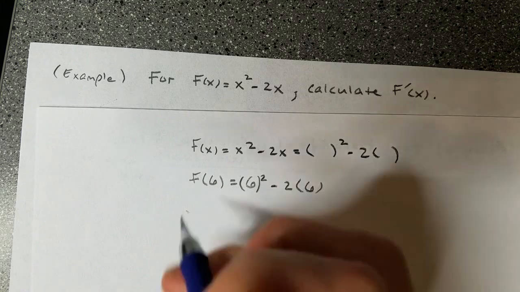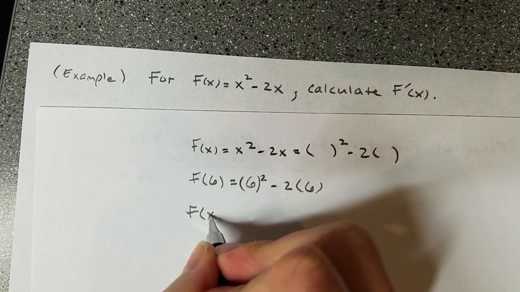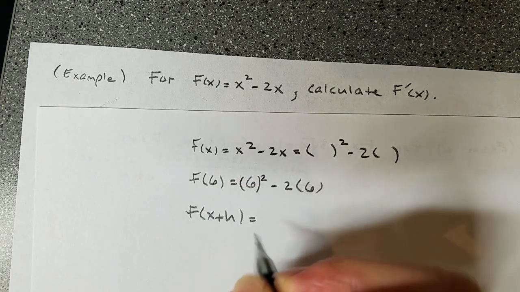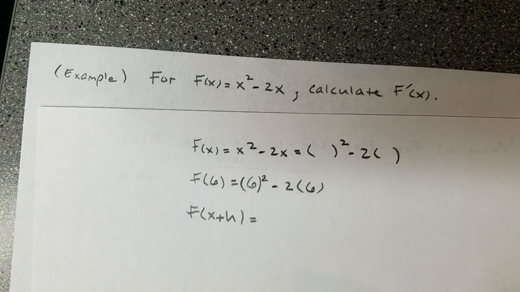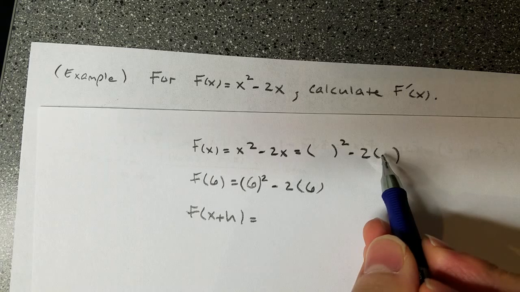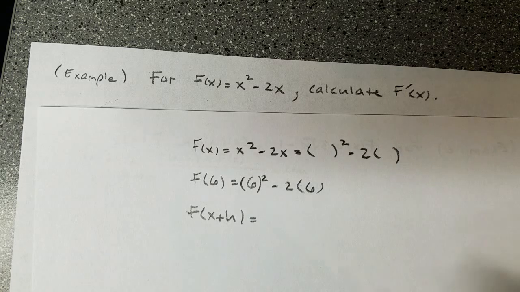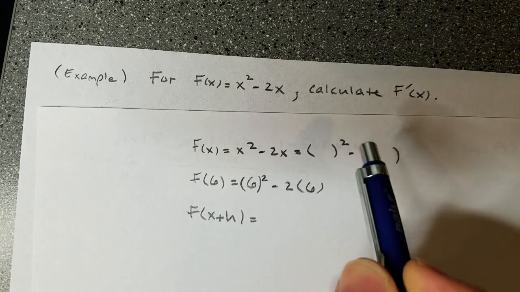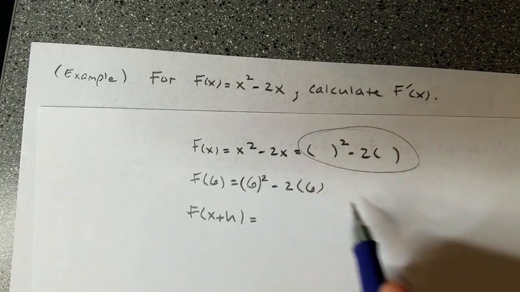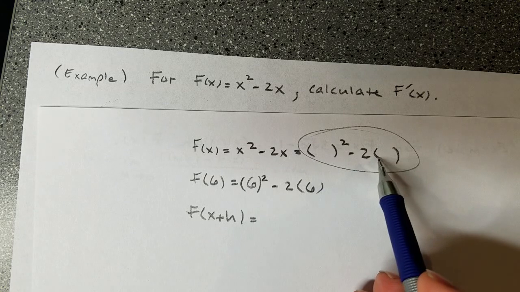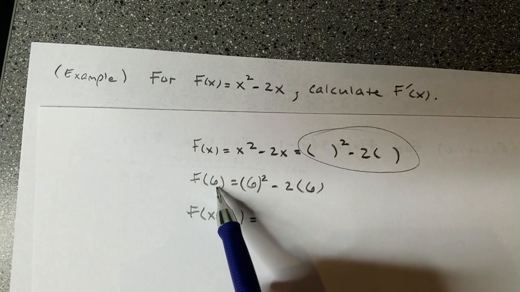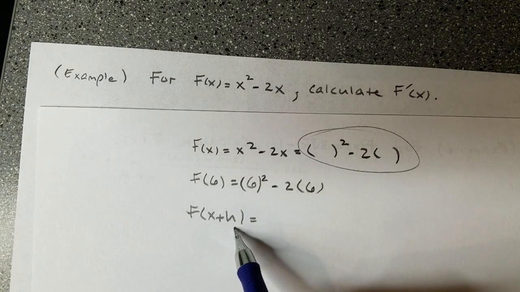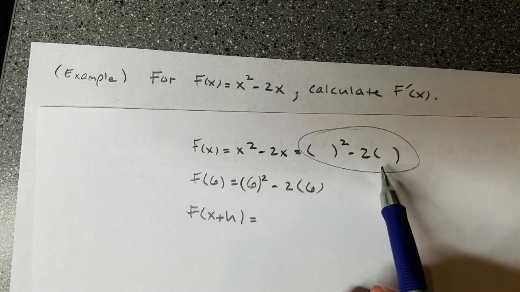Now, I'm here to say right now that f of x plus h is no different than f of 6. X plus h is the input. It goes where the input is supposed to go. You can think of the function as, I erase the x. That's where the input goes. Maybe try looking at it like that. Whatever you plug into the function, whether it be 6, a number, or x plus h, or anything, it goes here and it goes there.